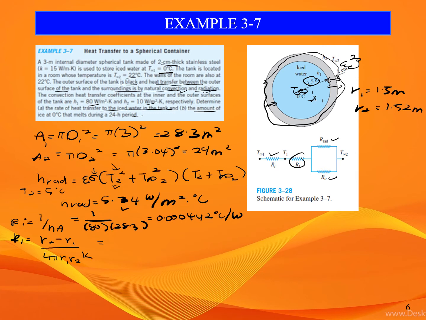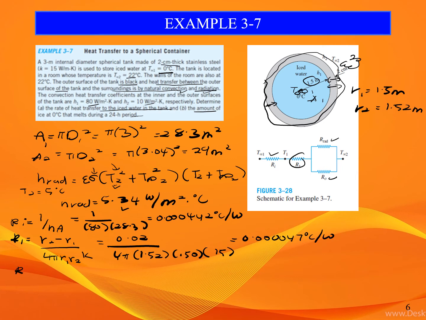So basically R2 minus R1 is 0.02 meter, over 4 pi times 1.52 times 1.50 times K. K is 15. So the answer is 0.000047 degree C per watt.